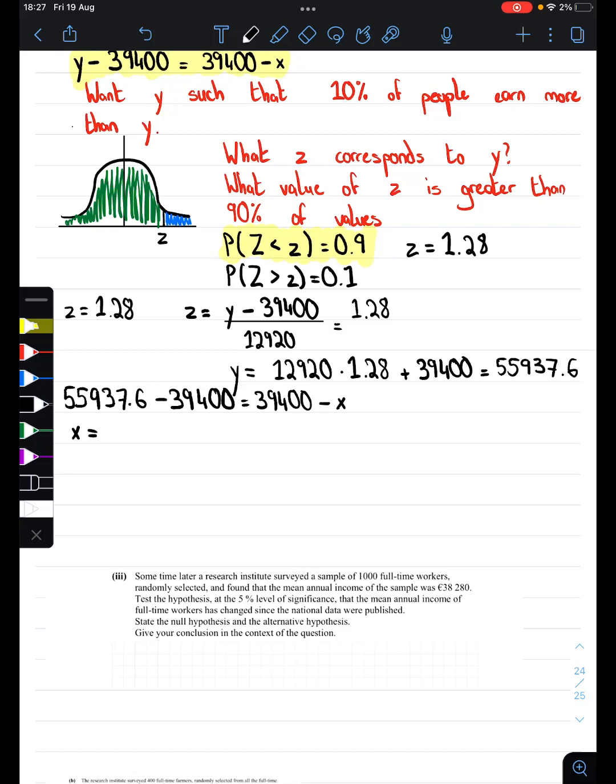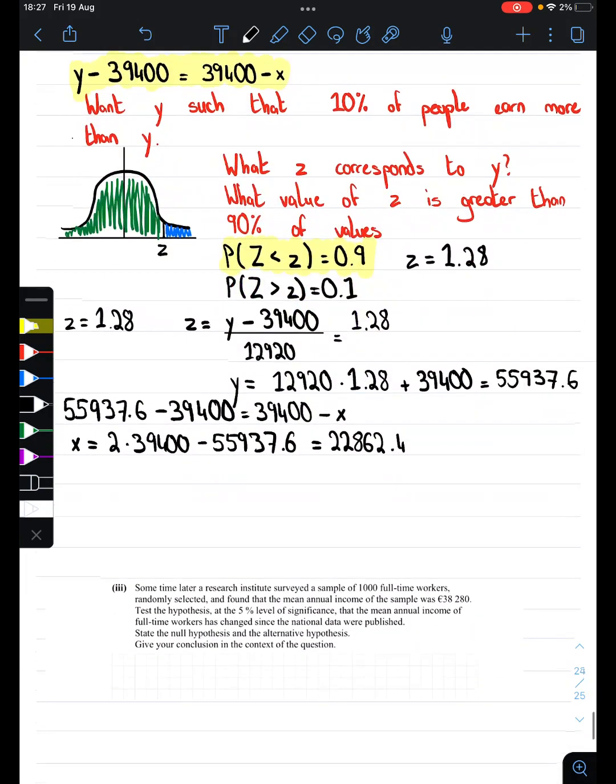and we get 39,400 times 2, because we would bring this over and then bring this over, so we get 2 of these, and then we bring this over, and we'd get minus 55,937.6 equals 22,862.4.